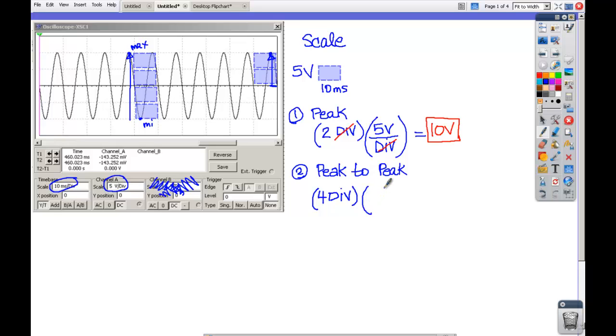And again, it's 5 volts per division. And when we do the arithmetic, divisions are out. 4 times the 5 volts will get me 20 volts.